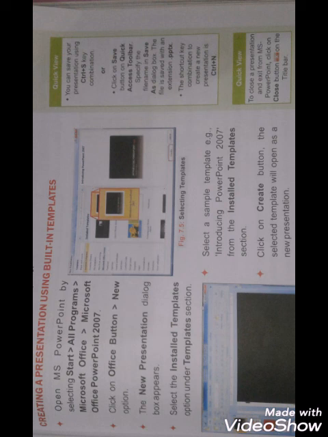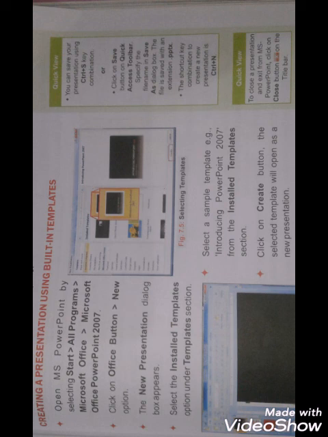So students, we can modify the text and design of the templates, and add pictures, sound, company logos and so on. To add a template, we have to go to the Office button and click on the New option. After that, select Templates.